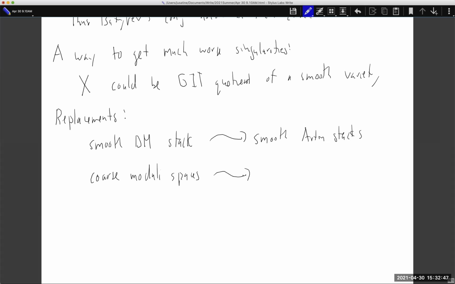It turns out we already have a replacement for coarse moduli spaces that works in higher generality, including for the stack quotient of the semi-stable locus of some group action. Essentially, if you're replacing Deligne-Mumford stacks with Artin stacks, the more flexible notion instead of coarse moduli spaces is that of a good moduli space.